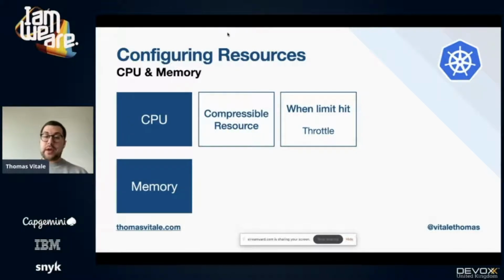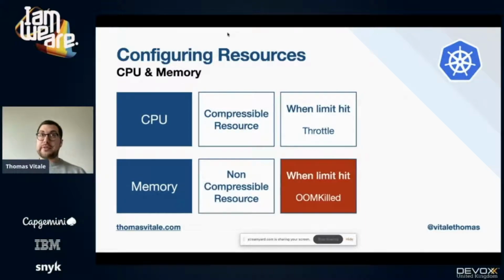When we hit the limit, the process is throttled. It means that the application would keep running, but maybe with lower performance. But the memory is a non-compressible resource. When we hit the limit, we get the dreadful out-of-memory killed exception. So the application is terminated. So we want to pay extra attention to how we configure memory in order to avoid these types of errors in production.